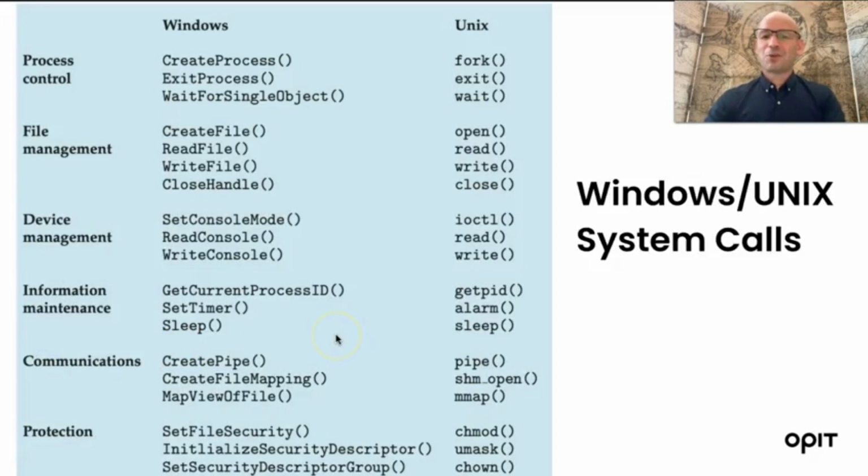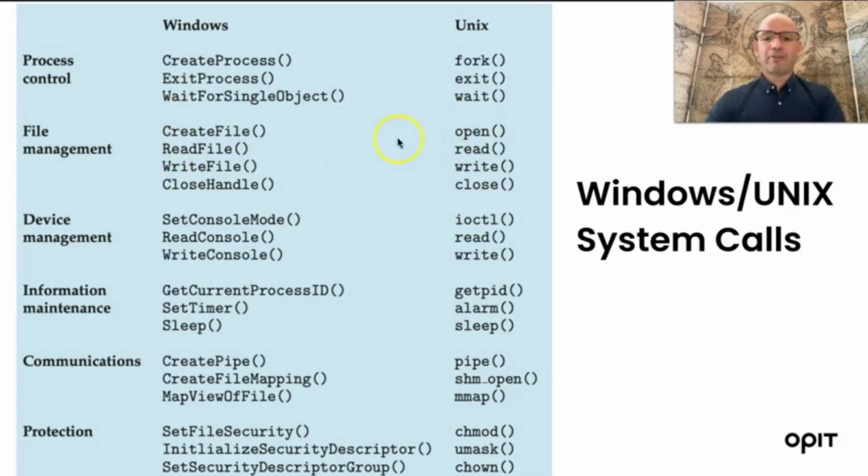And then lastly, I just wanted to show you what I meant by different APIs providing different ways in which we call a function that performs the same task. If I'm talking about process control, in Windows we use CreateProcess, and in Linux and Unix, we use the fork command. File management: to create a file, we say CreateFile. In Unix, it's open. This is very C-ish in that we use short, concise function call names.